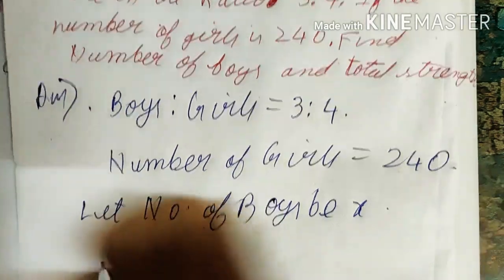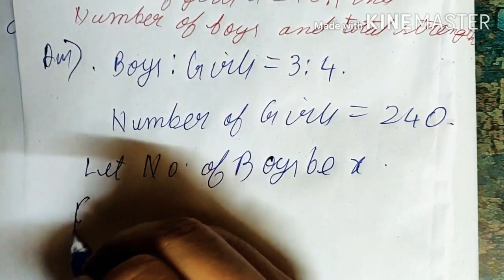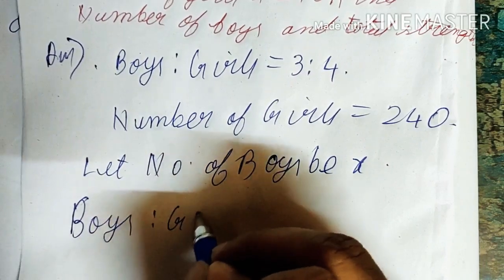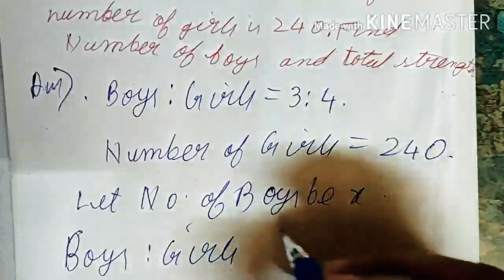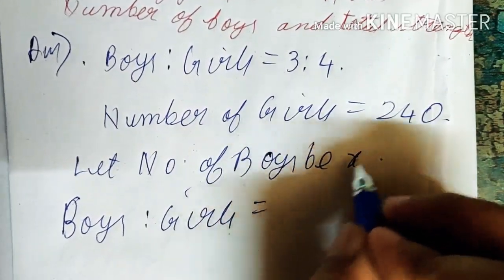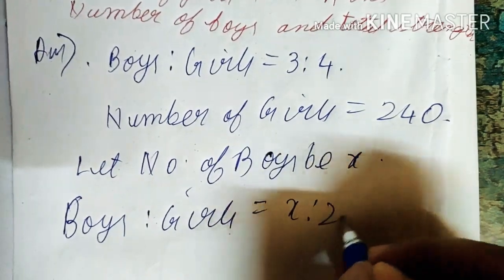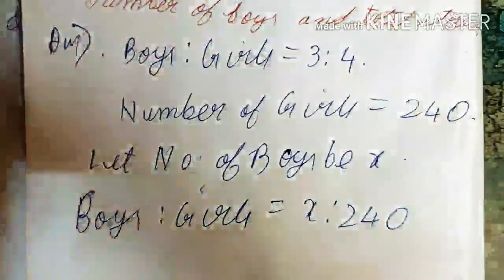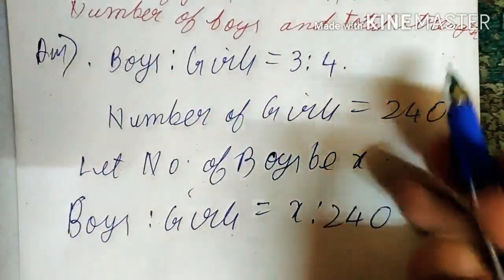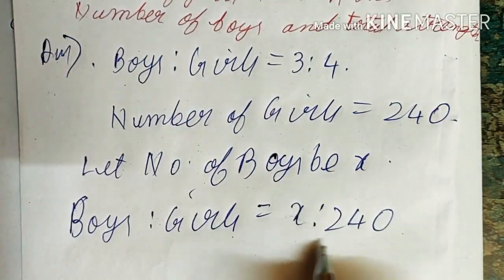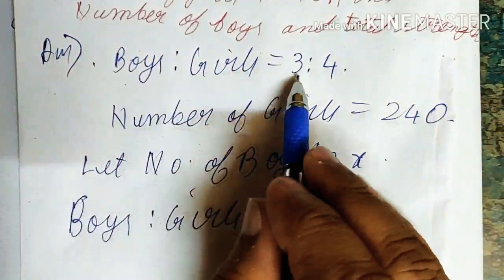So that means boys is to girls is equal to number of boys x is to 240. So if we can see the ratio, this was for the original values and this was for the ratio.